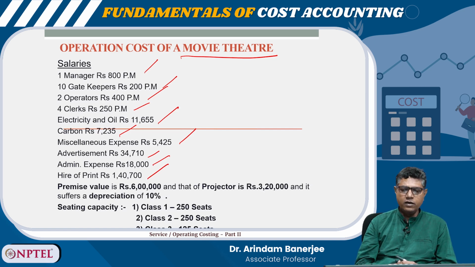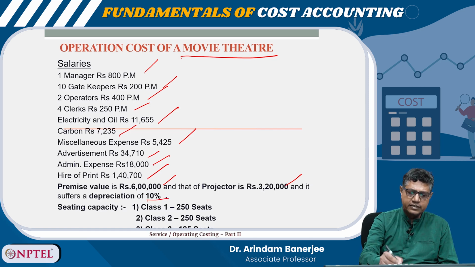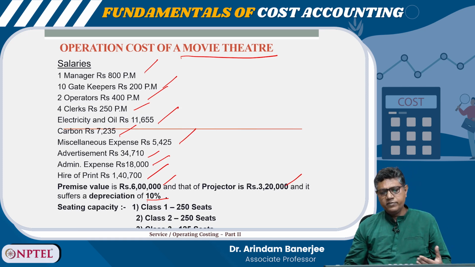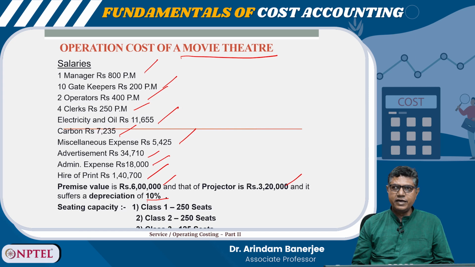Okay. Now, so these are the costs. The premises where the movie is being shown, the value is rupees 6 lakh, and the projector, the projecting machine, right, is rupees 3,20,000, and the depreciation rate is considered as 10%, right. Now in the movie hall, there are 3 classes of seats, right.